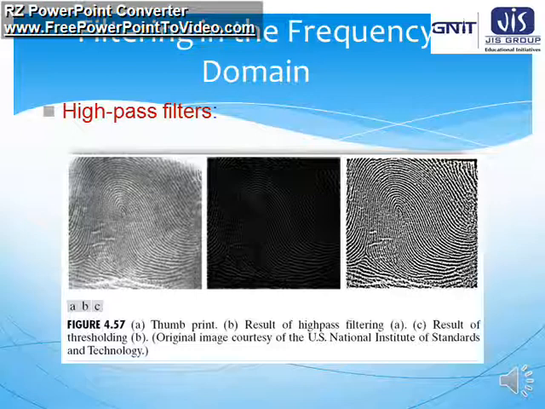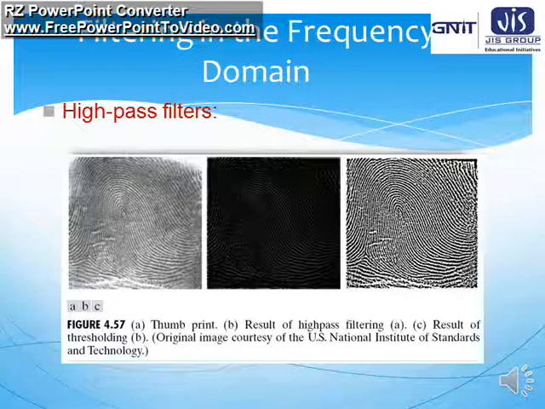So this is one thumb impression. If we use high pass filters and put this image at the input of this high pass filter, the output we can see here. The first image is the thumb impression, the second image is the result of the high pass filter, and the last image is the result of the thresholding technique.